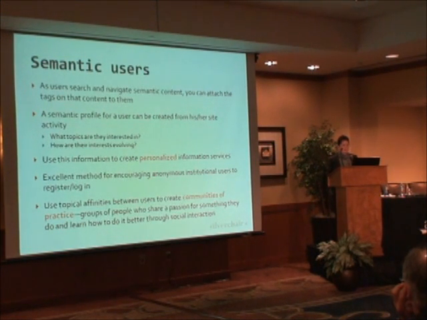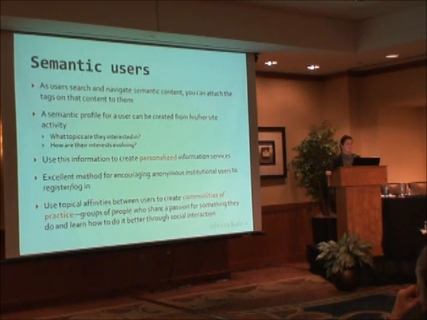Very important too is semantic users. As users search and navigate through content that's tagged topically, they can inherit those tags. So you can create a profile for them that starts to understand, based on the topics that they look at, what they're really interested in.